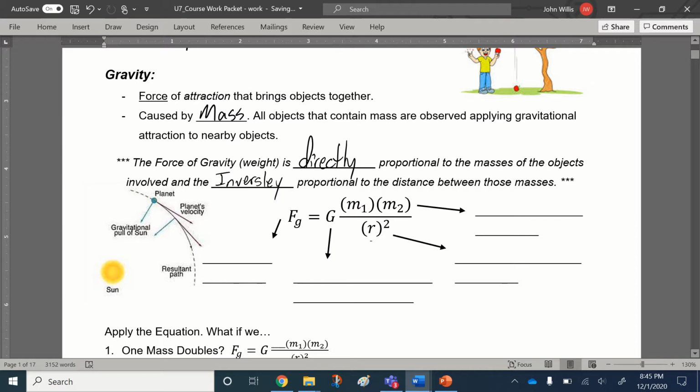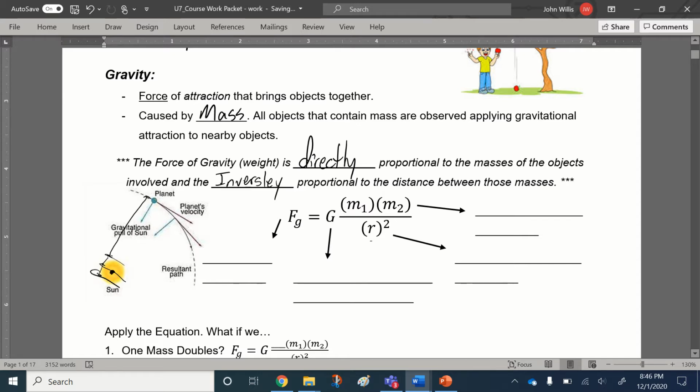The reason we're interested in radius is if you look over here on this little diagram right here, the distance between the Earth and the Sun is actually going to have a few different points that I guess you could measure from, right? You could measure from the front of the Sun, you could measure from the middle of the Sun, or you could measure from the back of the Sun. But considering the Earth is going around it, the front and the back kind of become arbitrary, so we always measure from the middle.